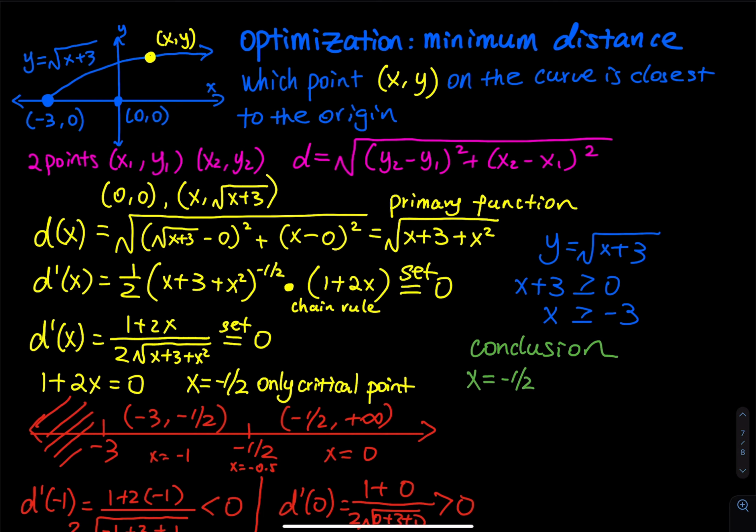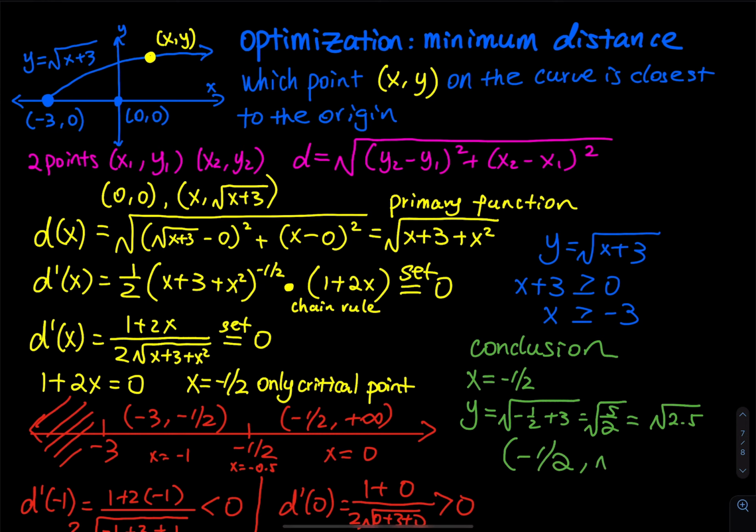So what is y equal to? y is equal to the square root of -1/2 plus 3. So you have the square root of 5/2, which is equal to the square root of 2.5. So the point is x equals -1/2, y equals the square root of 2.5 to get the minimum distance.